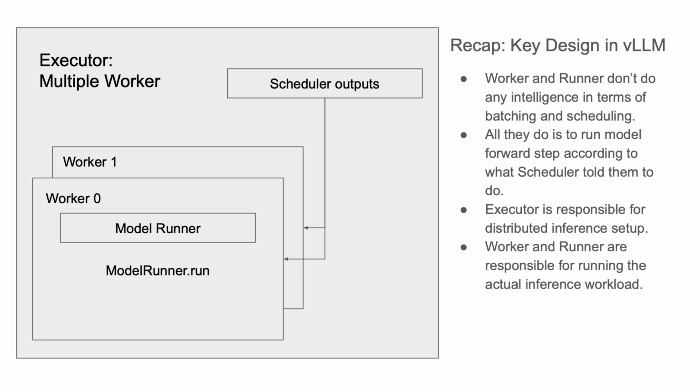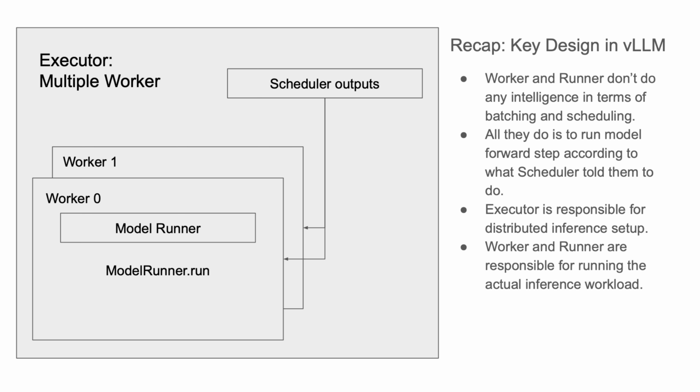And under one worker class, there will be a model runner, which is basically a model forward wrapper. And model runner will call model forward to run one single inference step. So in this design, you can see that worker and runner actually don't do too much intelligent batching and scheduling.